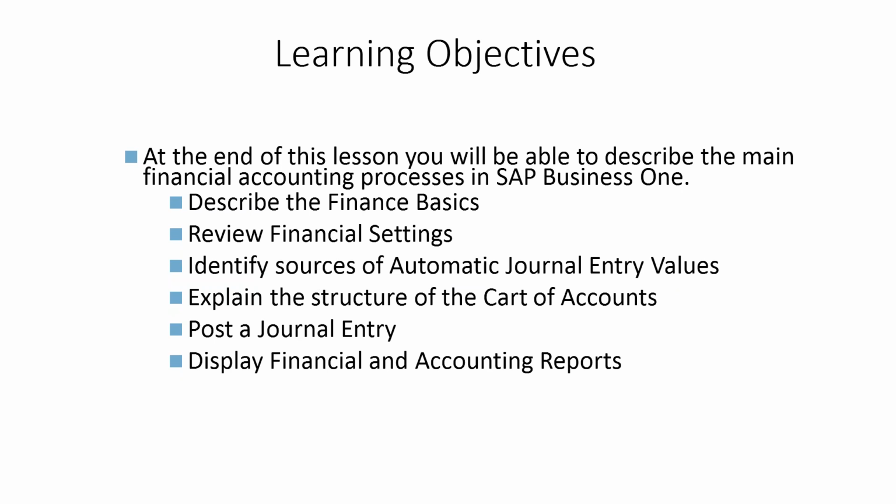Those create the automatic journal entries. The chart of accounts is structured by what looks like drawers in SAP, but that's the logical partitioning of the financials with your assets, liability, and equity for your balance sheet, and then your P&L accounts.